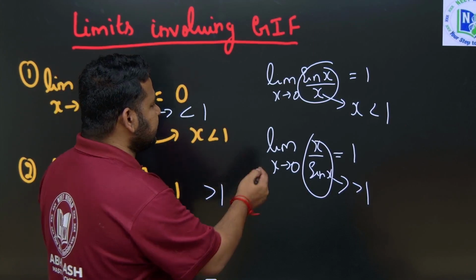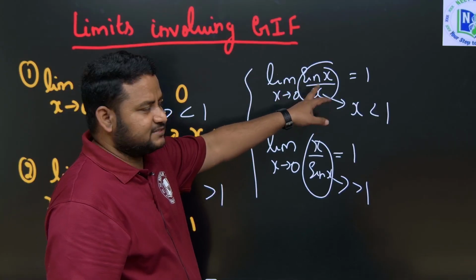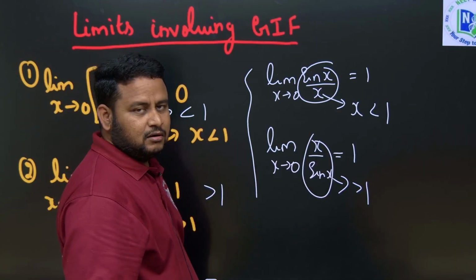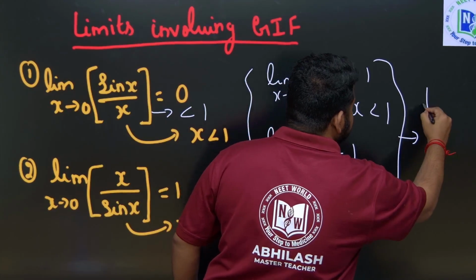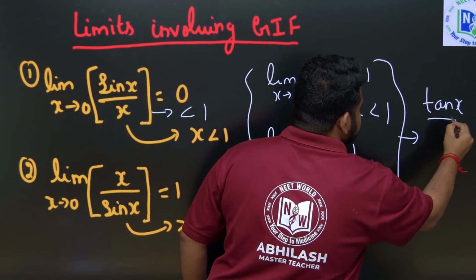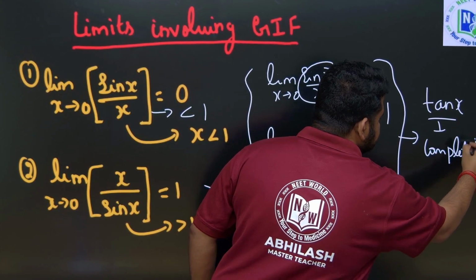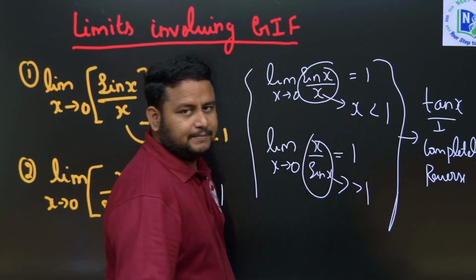But what about tan? I told you for tan x, limit as x tends to 0 of tan x by x is equal to 1, and limit of x by tan x is equal to 1. But for tan x it is completely reverse. What do I mean by completely reverse?